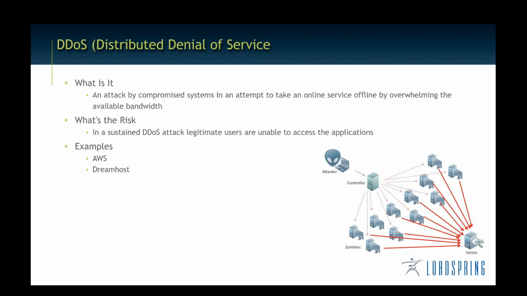We saw it this year, and we also saw it last year with AWS. We also saw it this year with DreamHost, particularly during the controversy where they were hosting one of the racist websites that was after the Charlottesville riots that we saw here this year.